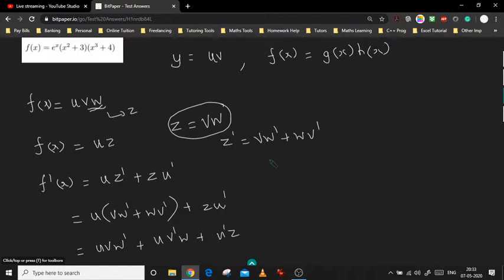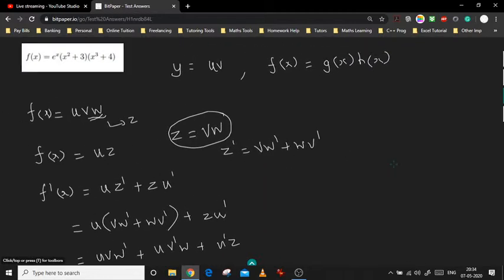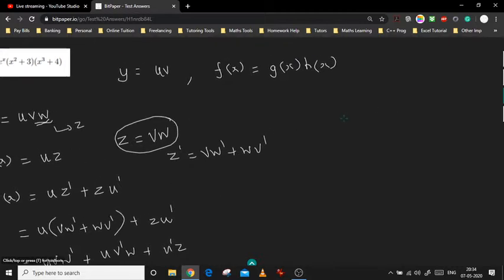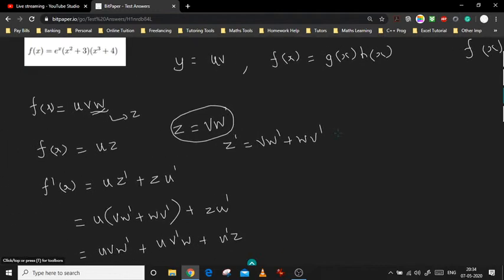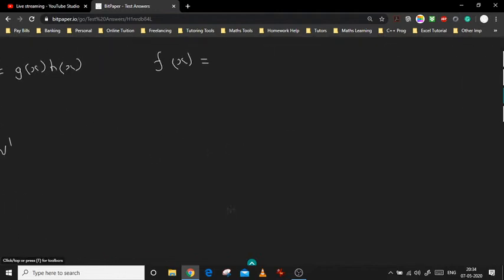If you do not want to apply the rule, let's try to do it in a different way. I'm going to copy this function here: f of x is equal to e power x into x squared plus 3, and then x cube plus 4.